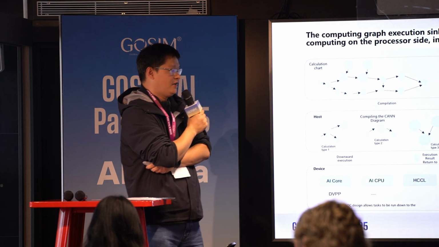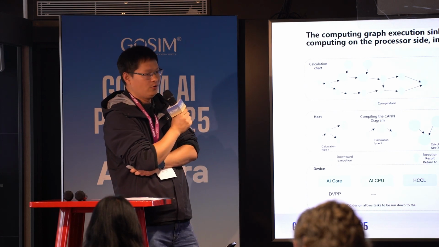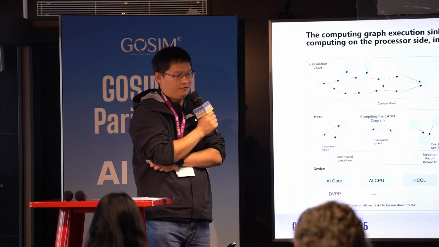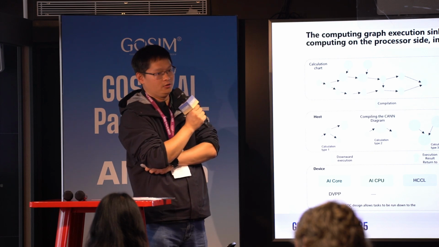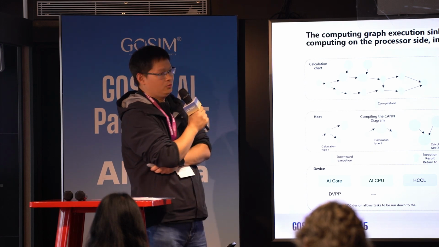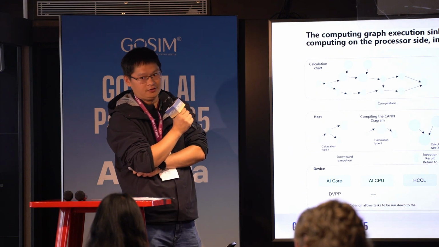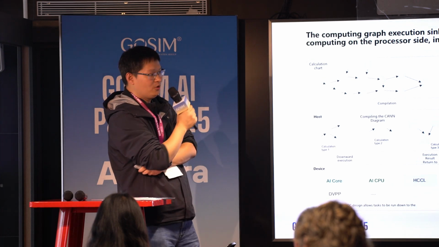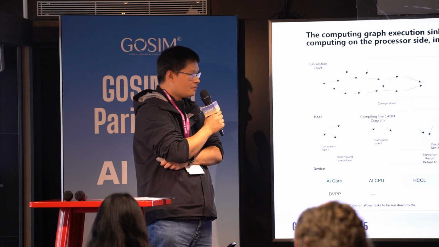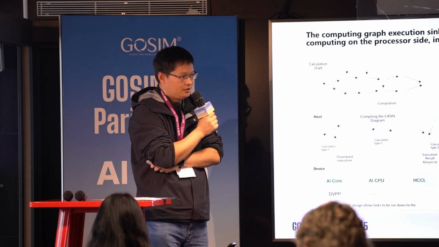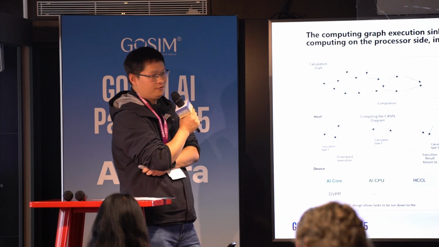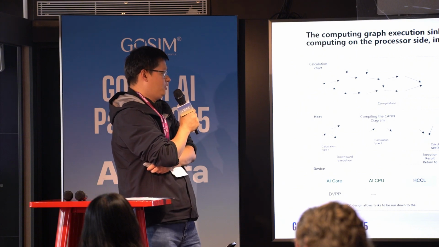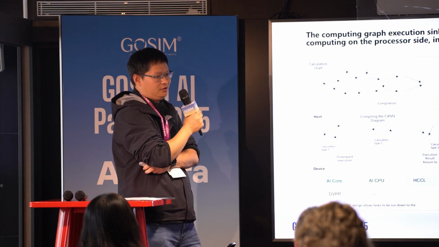And as I said before, there are mainly four important libraries in CANN. The first one is the GE graph engine. As we all know, when we do inference or training for a model, the model is composed of different kinds of operators. Without the graph engine, if we do inference, we take the operators one by one.